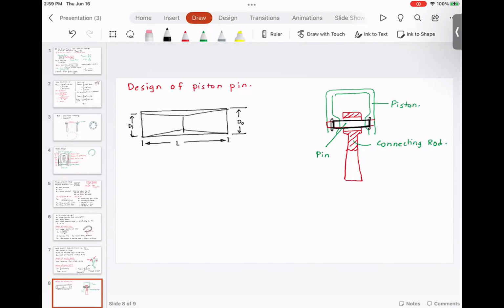So the way we solve this problem is, maximum bending moment is approximated to P times D divided by 8, which is the max.